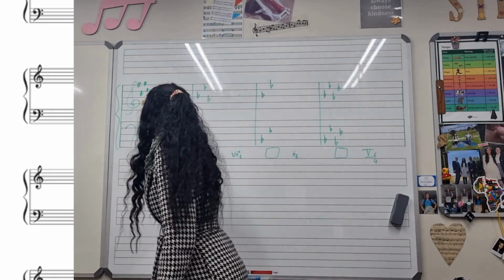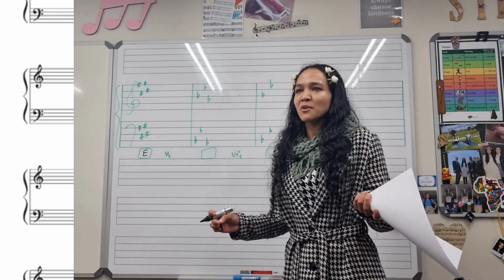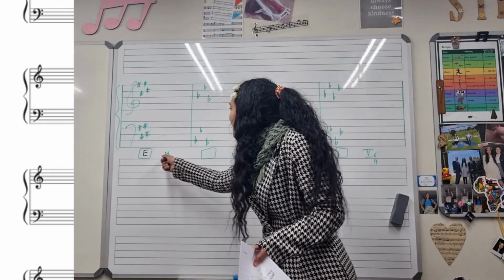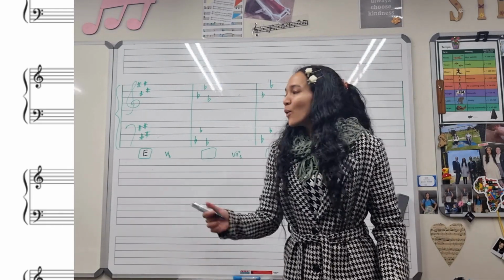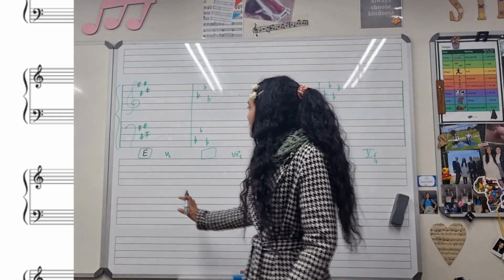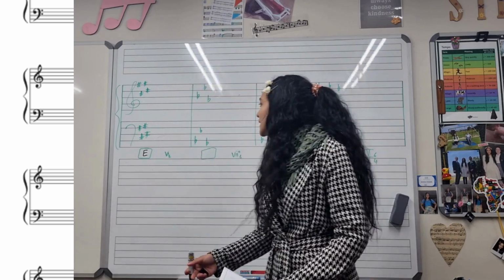So we're going to go ahead and put in a big E in the block. We don't even have to think, could this be C sharp minor? No, because we would not ever figure a C sharp minor submediant chord in that way. Now that we know we're in E major, we need to understand the chord notes of the submediant triad.